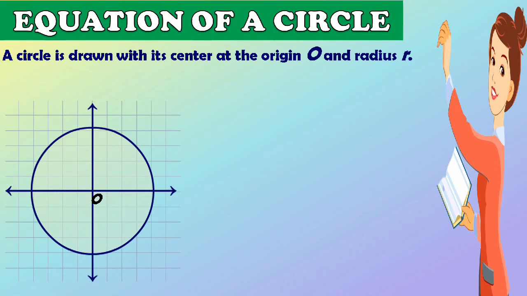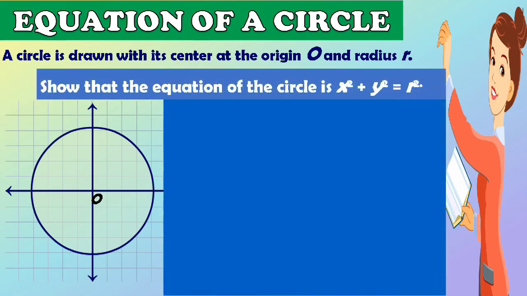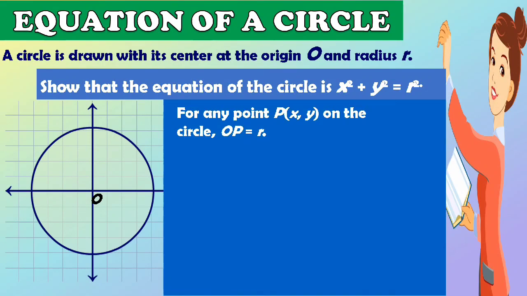An equation of a circle is drawn with its center at the origin O and radius r. As a proof, show that the equation of the circle is x raised to 2 plus y raised to 2 is equal to r raised to 2. As we all know, for any point P represented by (x, y) on the circle, we can represent segment OP as r.